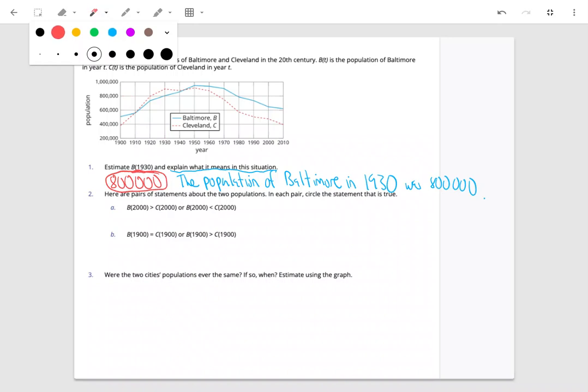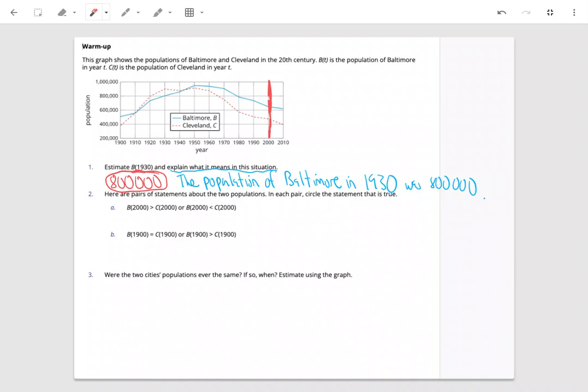Number two, here are pairs of statements about the two populations. In each pair, circle the statement that is true. So we're comparing Baltimore in the year 2000 to Cleveland in the year 2000. So 2000 is here, okay?